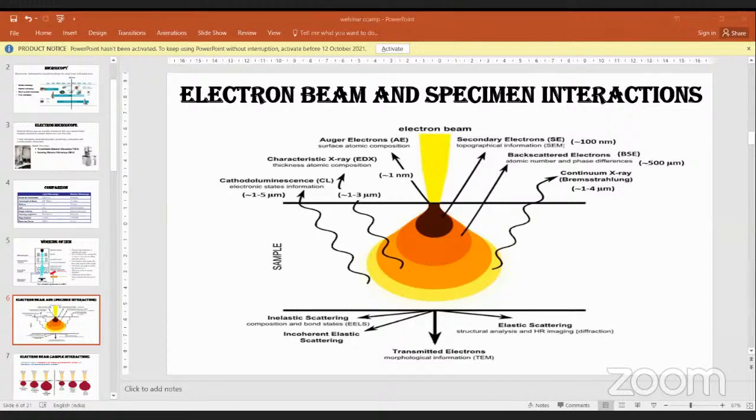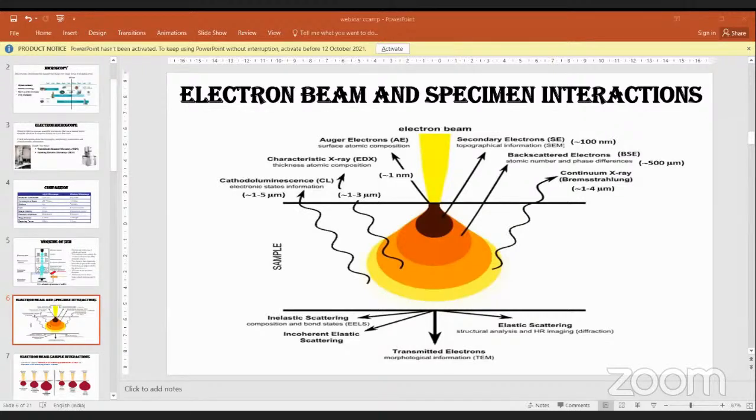Electrons are generated at the top, and they can be generated from a tungsten filament or lanthanum oxide or field emission gun. There are different probes we can use to generate the electrons. Then the electrons are controlled by the condenser lens, which controls the amount traveling downwards.